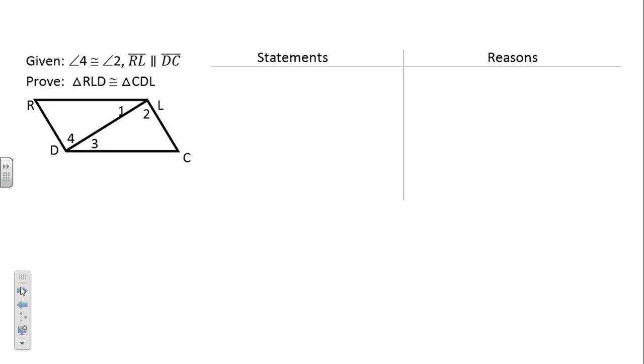Okay, so you've got the same figure down below. Make your marks. Show that angle 4 is congruent to angle 2. So put an arc at 4 and an arc at 2, and write down your given. Angle 4 congruent to angle 2, given.